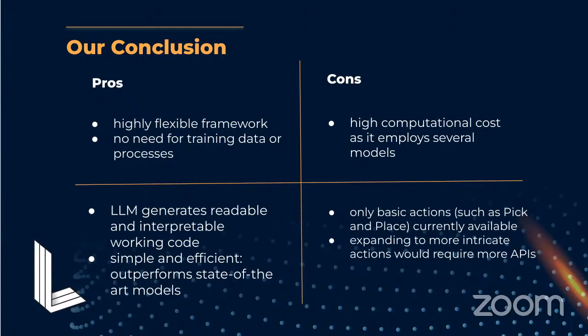And then we have some future scope for this. The model requires a high computational cost. In future we can work on this, employing several models so we can reduce the computation cost. Another area is the limited set of actions. Our robot performs only some specific actions, for example pick and place: pick this object and place over there.